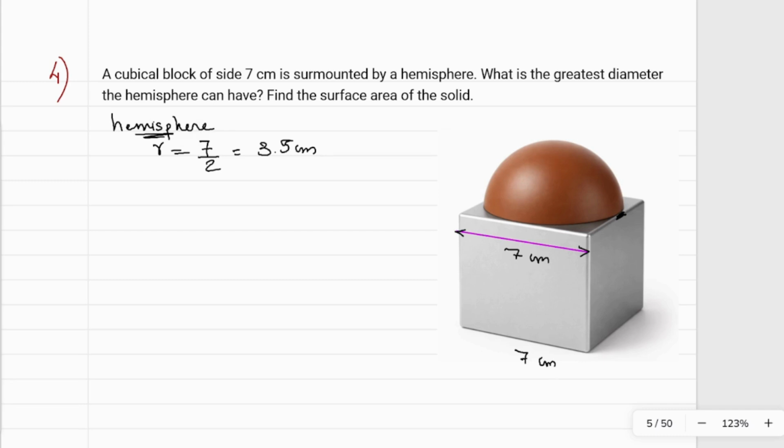Now, they are asking for the surface area of the solid. If you want to find the total surface area of the solid, the TSA of solid, what do we have to do? We have to find the surface area of the cubical part plus the CSA of the hemispherical part.